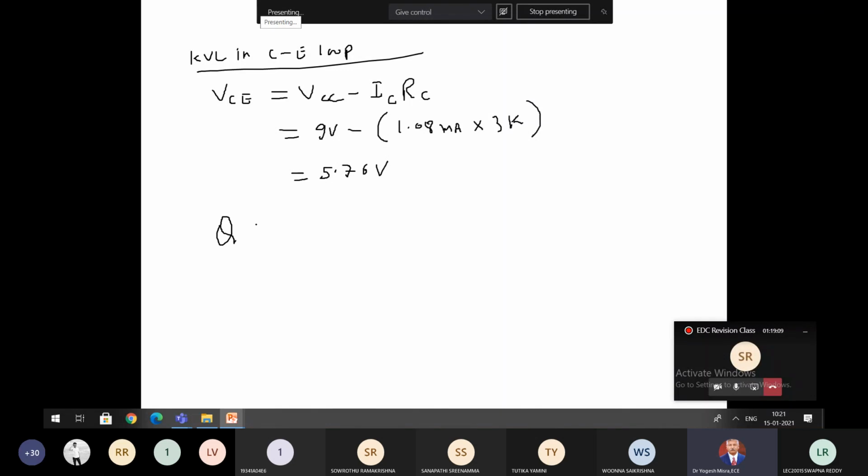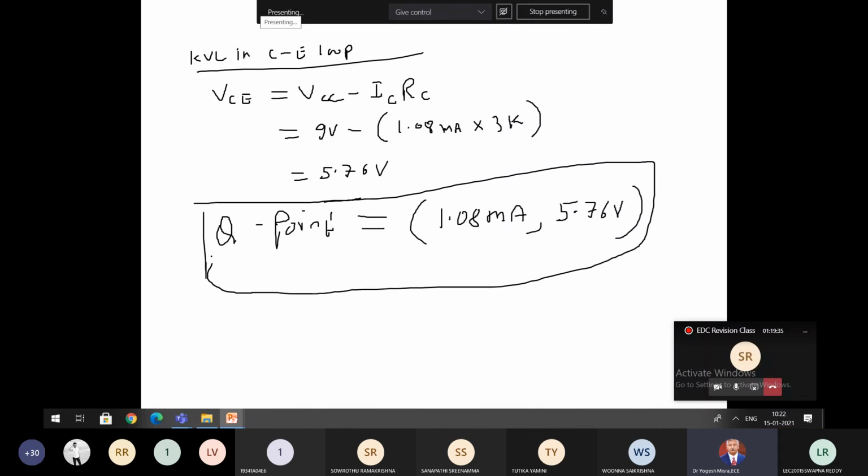So your operating point will be 1.08 milliampere and 5.76 volt. This is the answer for the operating point.